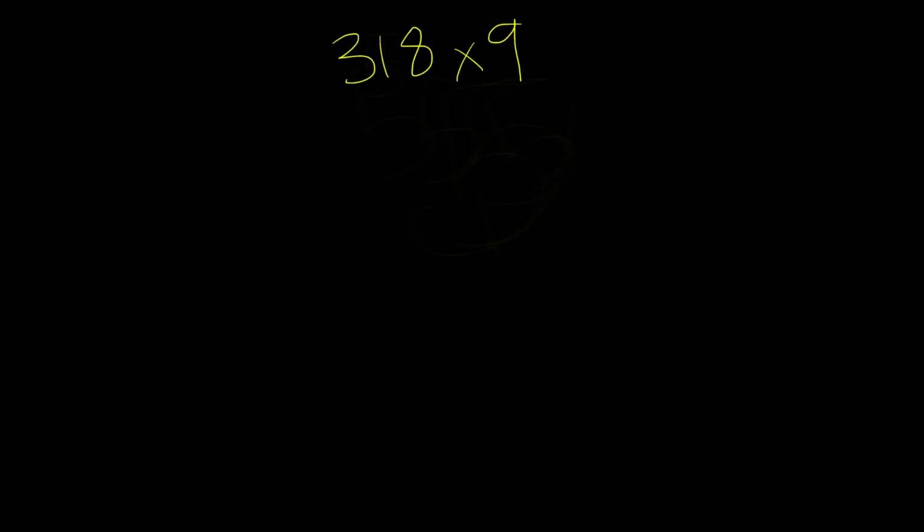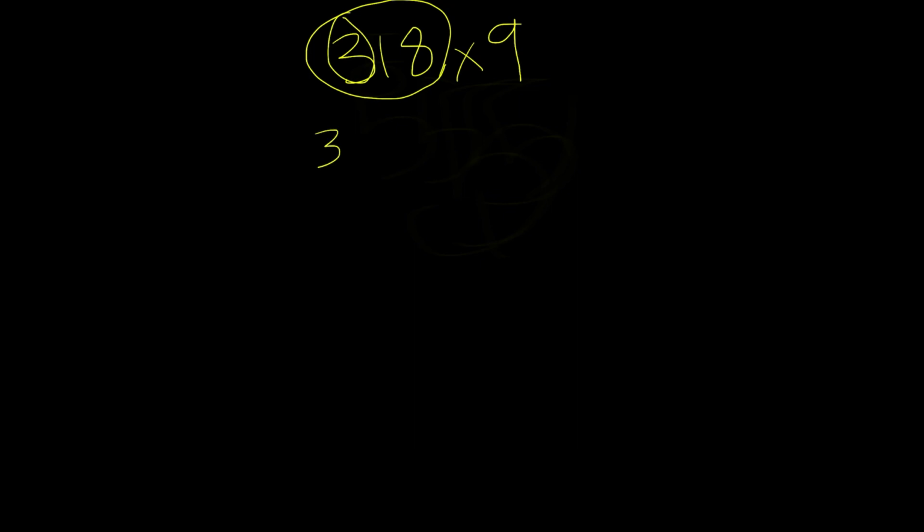All right, so let's do the problem 318 times 9. And this is a little tricky problem because this number isn't 2 places anymore, it's 3. It has 3 digits in it. So how are we going to do this? Well, our first step is to look at this 3, the first number.